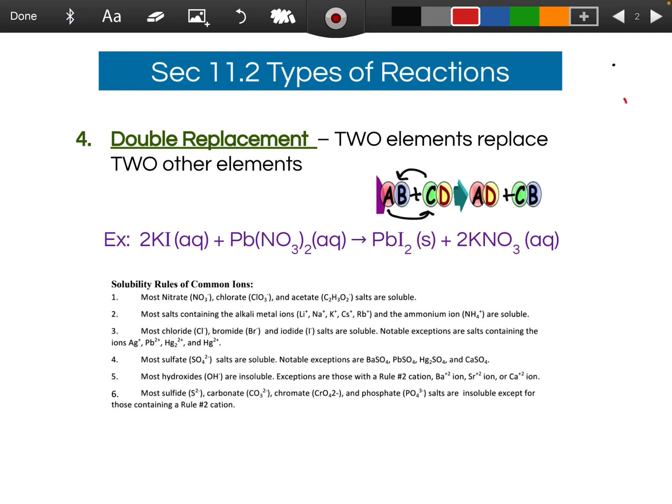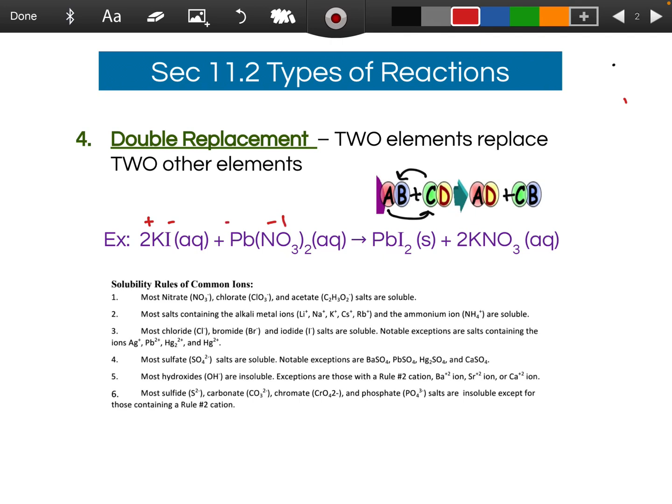So to figure out what products will be made, you have to look at the individual charges. So if we know KI is reacting with Pb(NO3)2, the charge of K is +1, I is -1. If we look at lead nitrate, lead can have more than one charge, so we have to look at nitrate. Nitrate is -1.